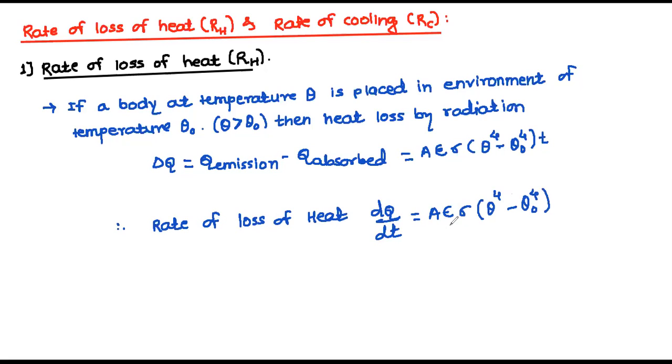This is from Stefan's law, radiant power. Yesterday we learned this formula. You can denote theta as T or T naught also, choice is yours. Okay. So this is the rate of loss of heat formula we got. Next.